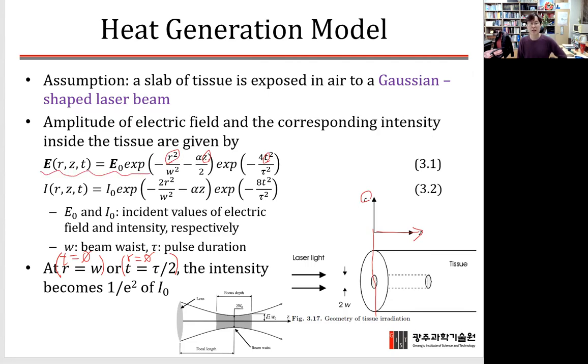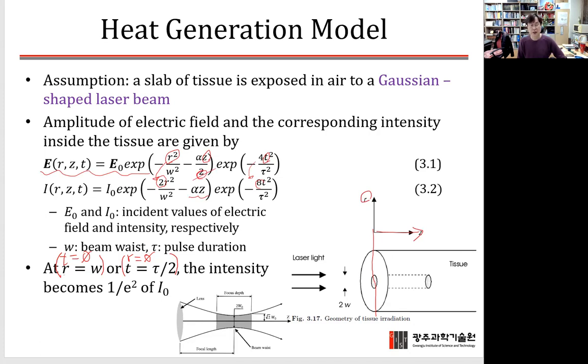Since intensity is proportional to the square of the electric field, you can see that there is a 2 on r here. So 4 becomes 8, and r becomes 2r squared, and the 2 disappears here.